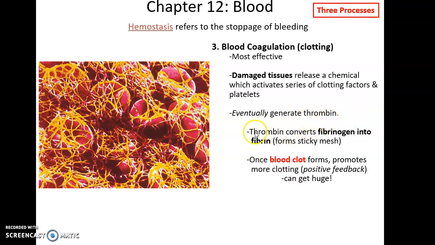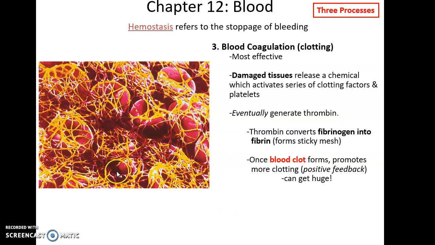Thrombin, this enzyme, converts fibrinogen into fibrin. So it activates the fibrinogen to allow fibrin to then form this sticky mesh. So the yellow strands, these are fibrin proteins coming together to form these long sticky meshes that can catch blood cells.